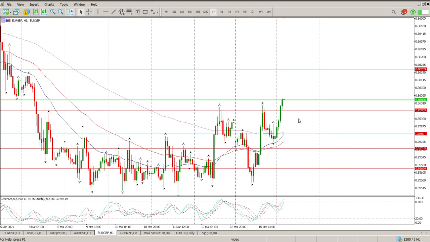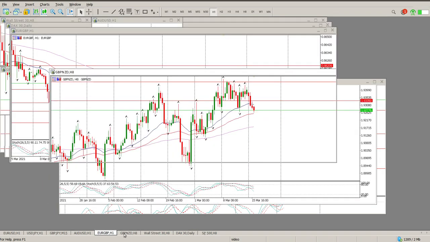So I'm looking for opportunities at the moment, and we're just looking for structure, and that structure needs to be a little bit further down for me. And we'll look for a series of higher highs and higher lows, and that should get us, by the looks of things, a half decent trend reversal.